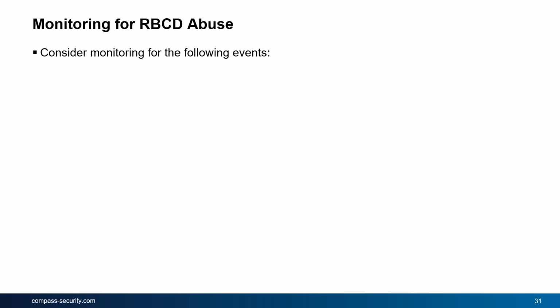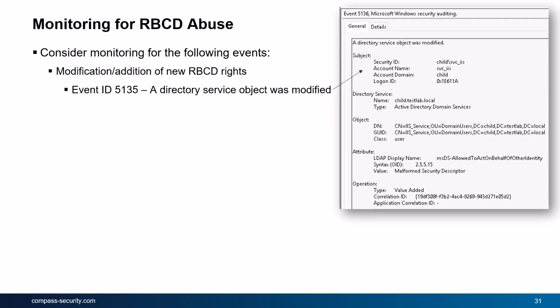In the end, a few more details regarding the monitoring for RBCD abuse. So events that you could consider monitoring specifically to detect RBCD abuse. On the one side, we have the modification or the addition of new resource-based constraint delegation rights. We've seen that this is a specific property that is changed on a domain object. So the event 5135 that fires when a directory service object was modified will reflect that as well.